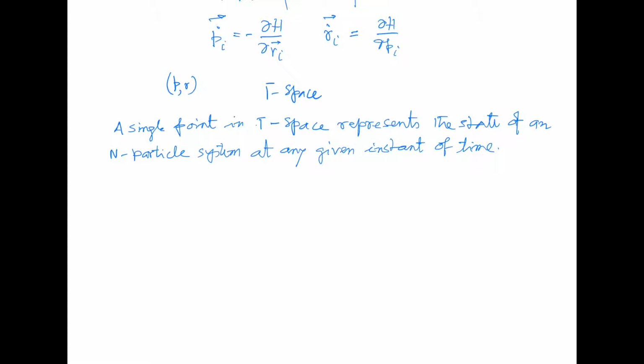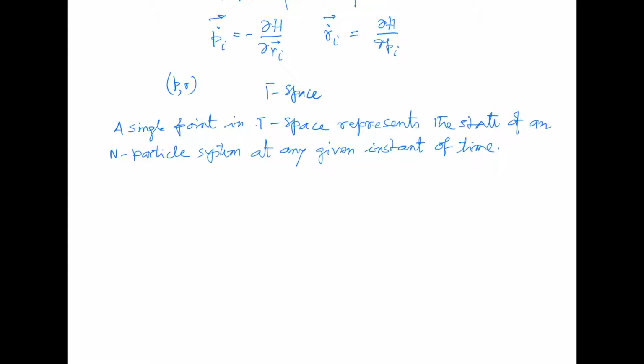As time evolves, this representative point traces out a zigzag trajectory which will never intersect itself. We understand that the trajectory will never intersect itself, as the solution to the equation of motion with a given initial condition will be unique.